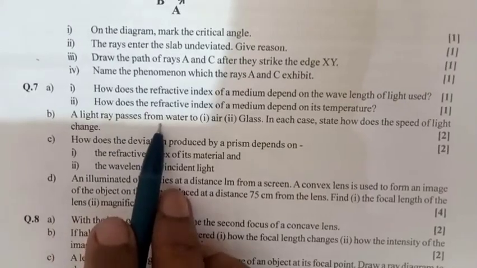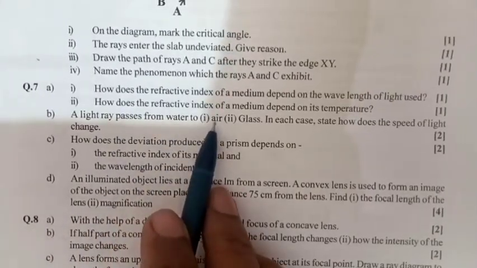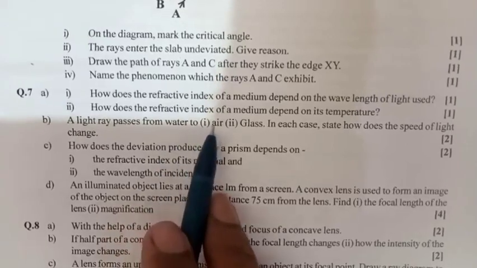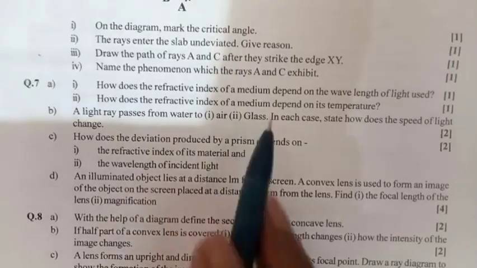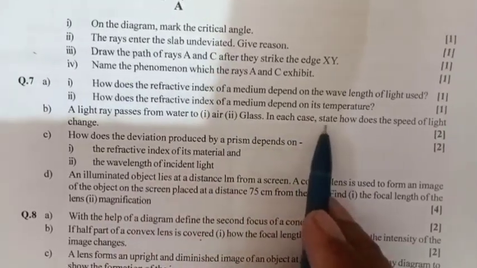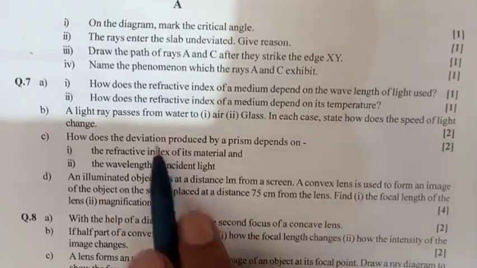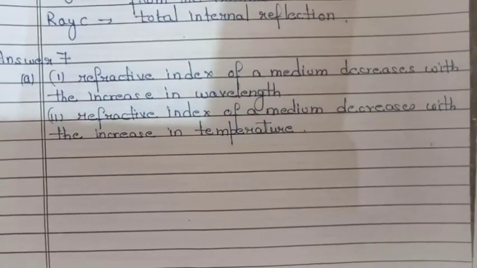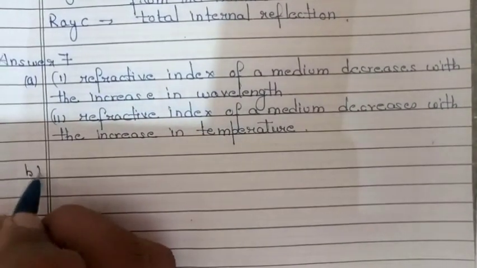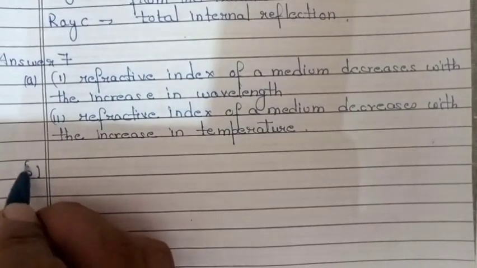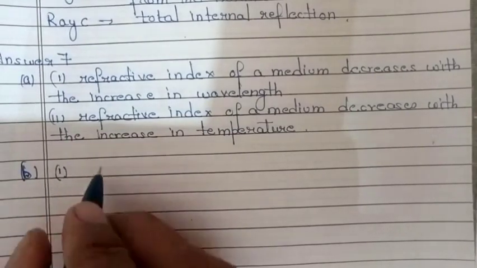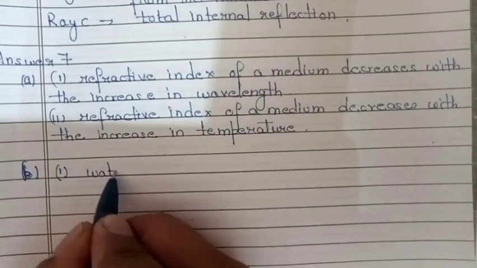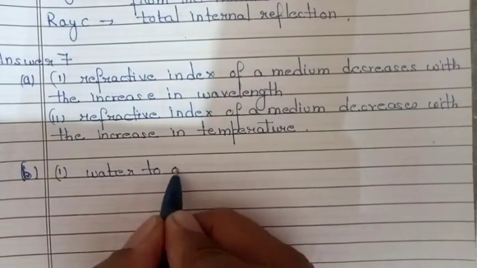Now, moving on to the next part. In the next part, they are saying a light ray passes from water to air. In the first case, it passes from water to air, and in the second case, it passes from water to glass. We have to indicate in each case how the speed of light changes. In the B part, in the first case, light is traveling from water to air.